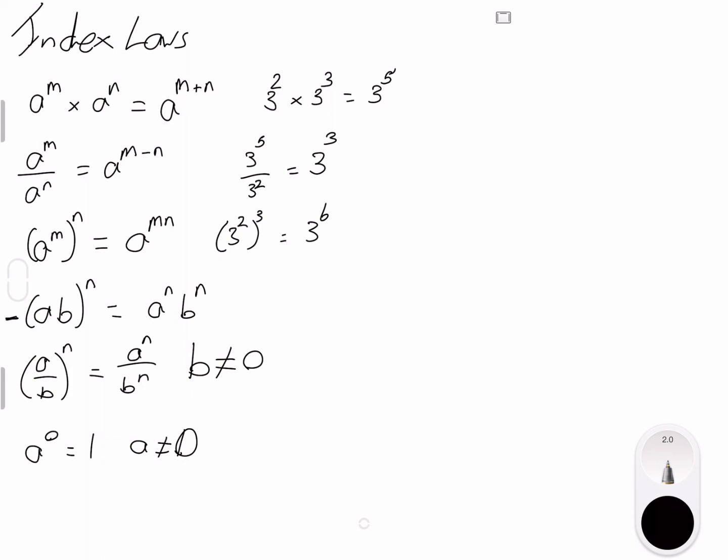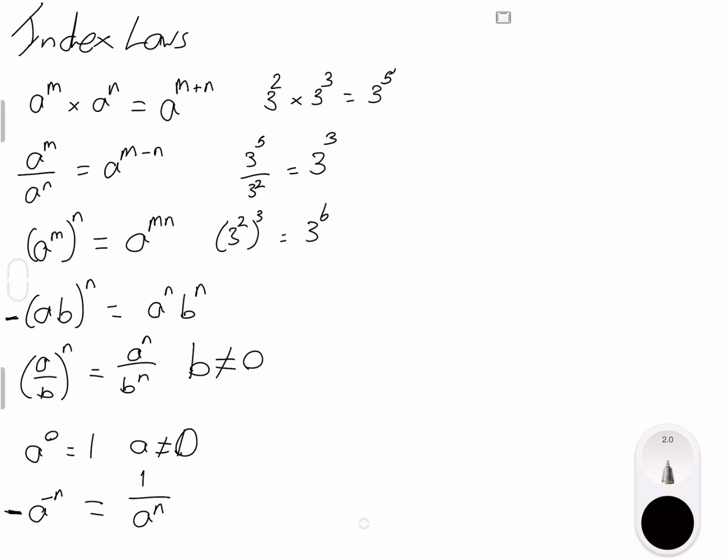And the final one, if I've got a to the power of minus n, so we're raising it to a negative power, this is the same as 1 over a to the power of n. This rule comes up time and time again, especially next year in Year 12 Mathematical Methods and Specialist.